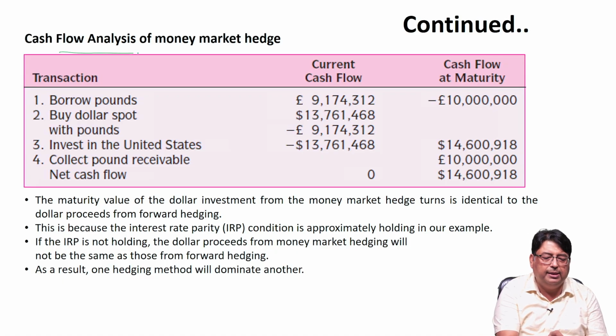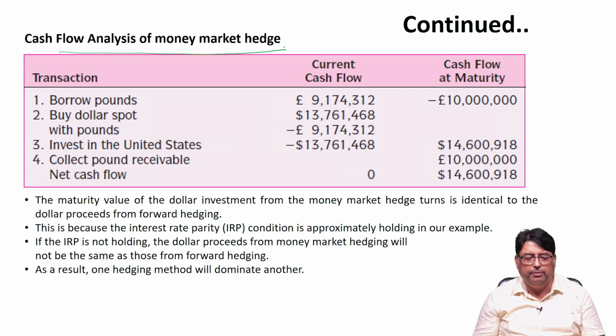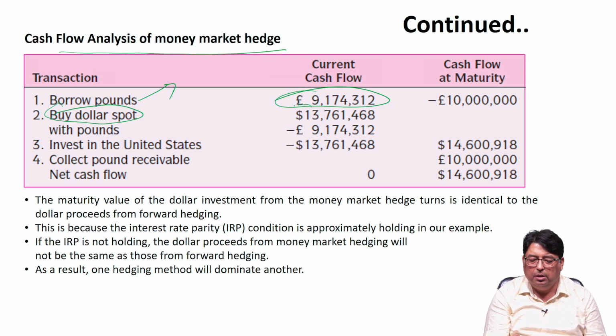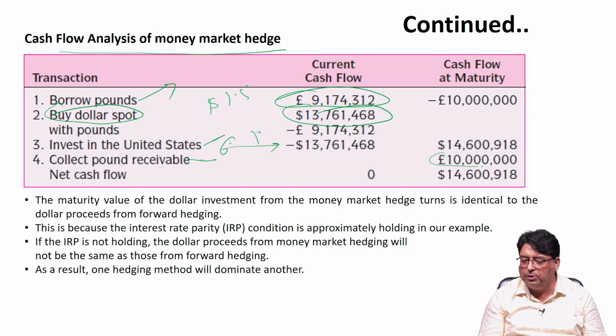So, you see the example in the form of a table. The US firm borrows pounds this much and then buys dollars spot by converting this at $1.5, invests in the United States at the rate of 6.1%, collects the pound receivable, that is this much amount, and net cash inflow is this much.